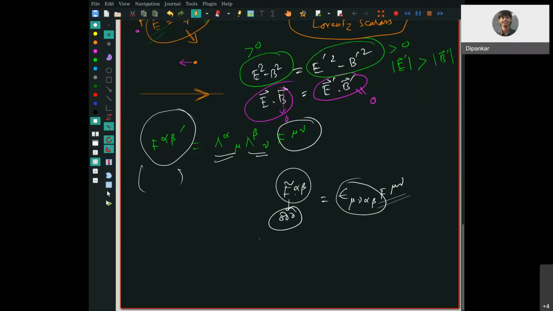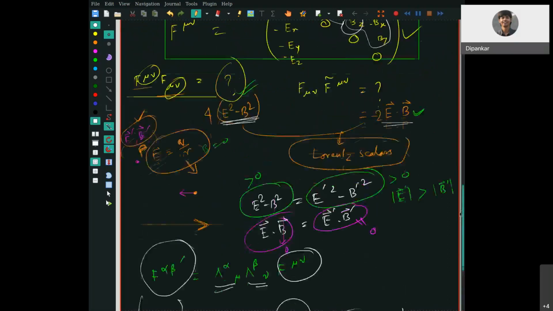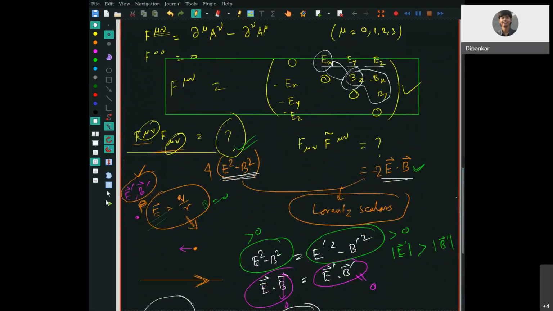parity in a sense transforms, like inverts your coordinates, right? So the idea is, okay, let me give this example.